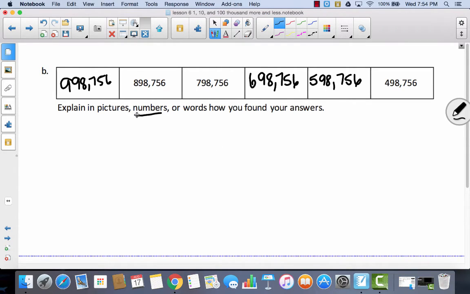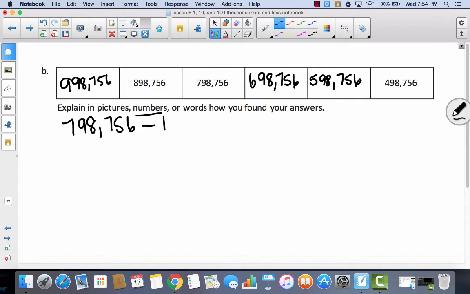Now, I don't have to show numbers how I solved every one of these, but I am going to show how I went from 798,000 to 698,000. So I'm going to say 798,756. And every time I was taking away how much?